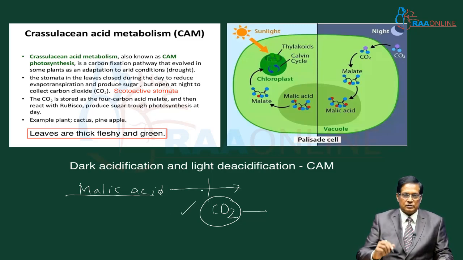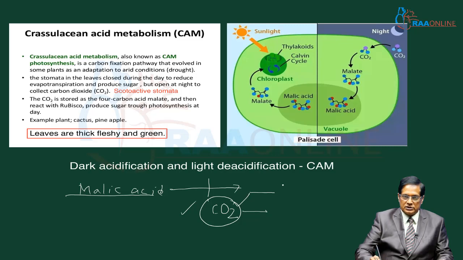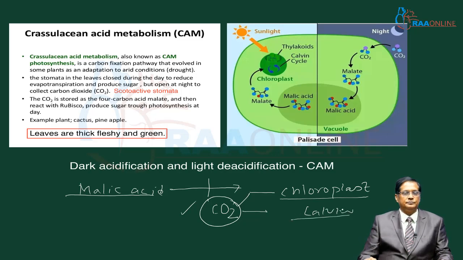So malate undergoes decarboxylation, releases carbon dioxide, and this carbon dioxide is used by the chloroplast to perform the Calvin cycle. This is the only source of carbon dioxide during daytime to operate the Calvin cycle.